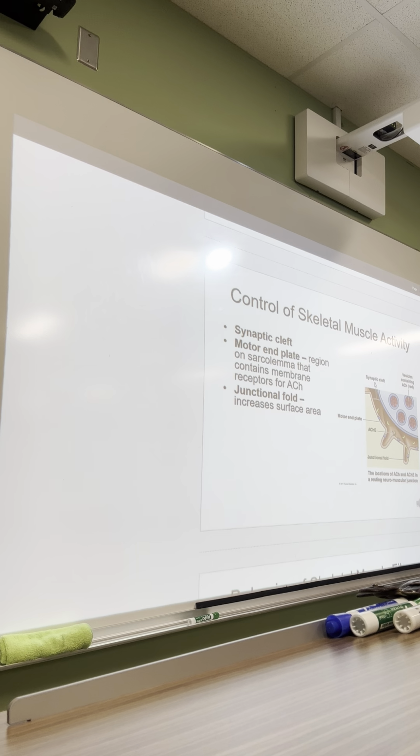It tells us over here that the motor end plate is the region at the sarcolemma that contains membrane receptors for ACH, or acetylcholine. If you remember, the sarcolemma is the plasma membrane of a muscle cell. And that's all of this here.